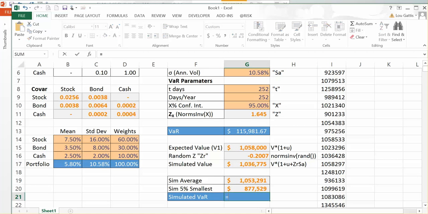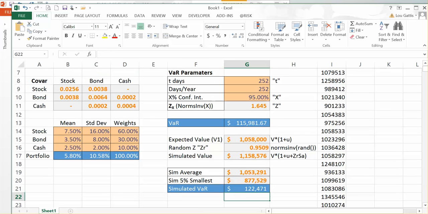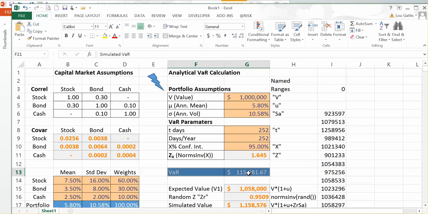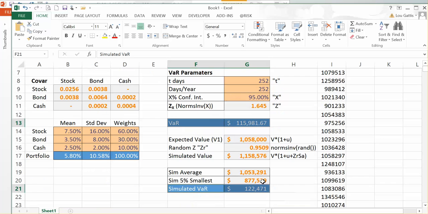If I take the difference between my portfolio value and my 5% smallest, I get $120,000, which is very close to my simulated VaR of 115. If I were to run this enough times, I would get on average about 115,981.